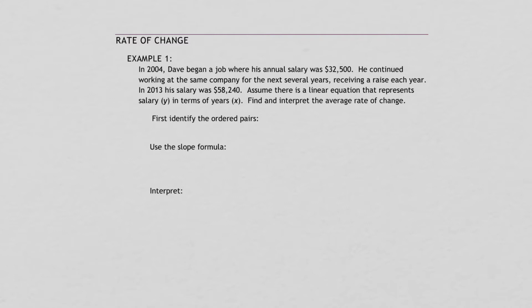So the ordered pairs here, the first one would be 2004 and his salary in 2004. And the second ordered pair would be 2013 and his salary then.